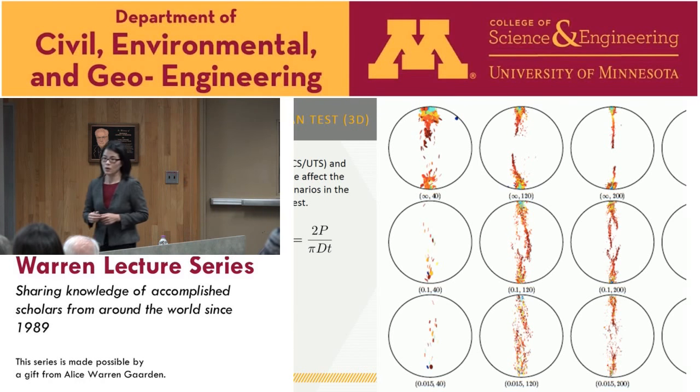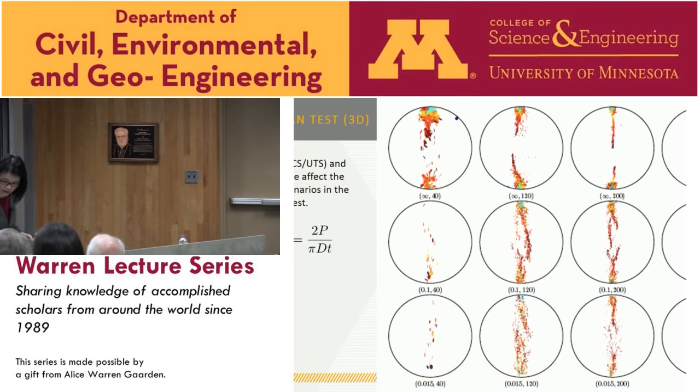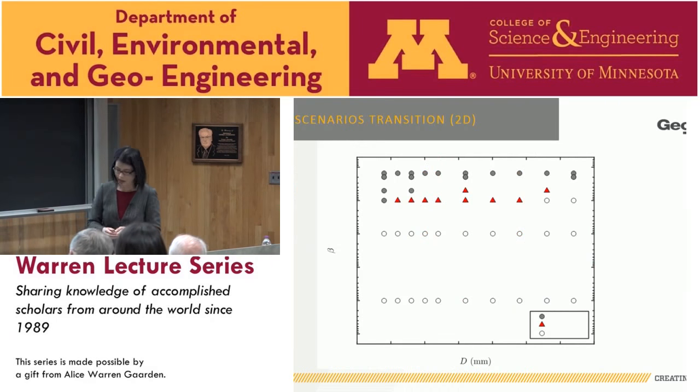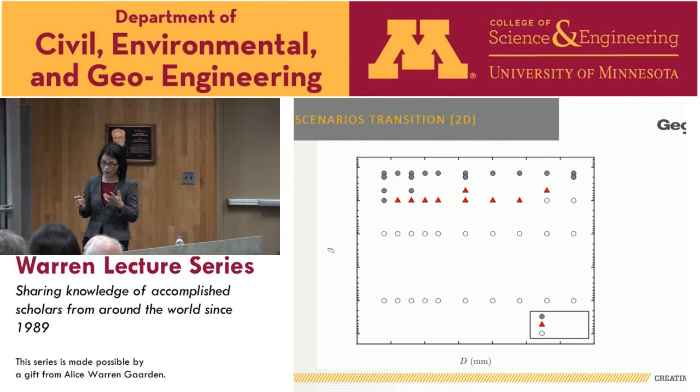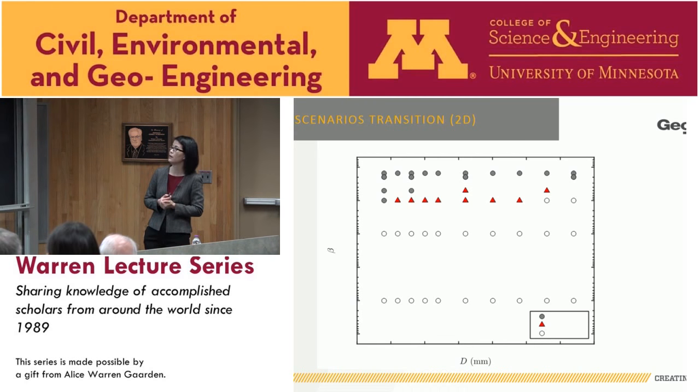So that means there are two primary types of failure scenarios. One is the indentation type, which I call scenario 2, and the first type I call scenario 1.